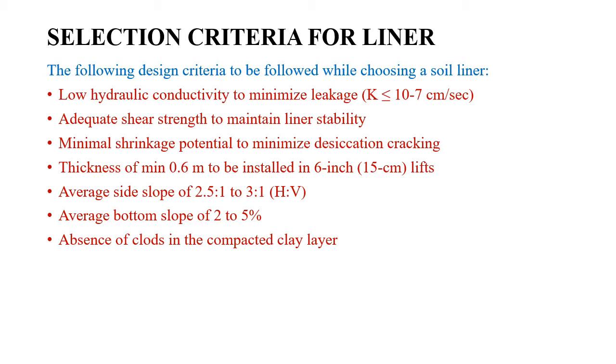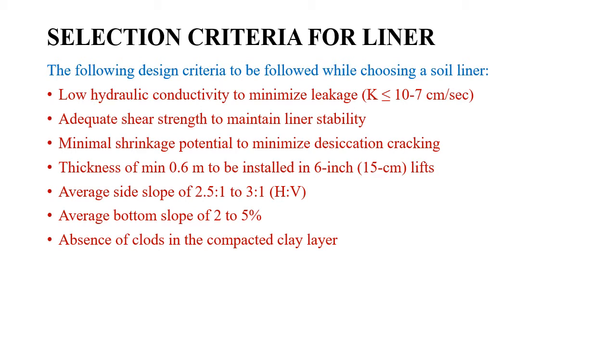An average bottom slope: when you are constructing the liner at the bottom also, there should be a slope provided so that the leachate collection and drainage happens effectively and by natural means itself. So the average bottom slope to be provided should be in the range of 2 to 5%.